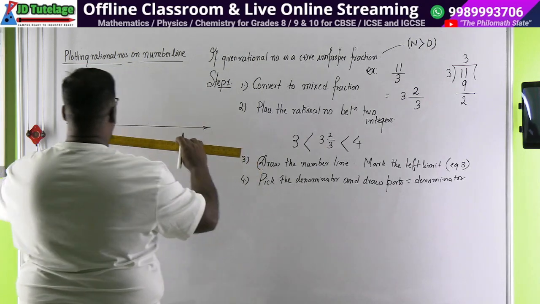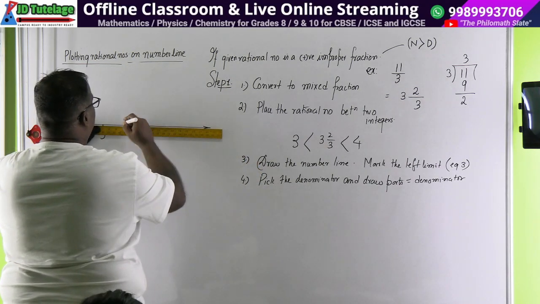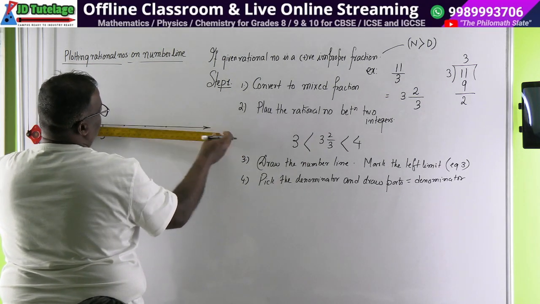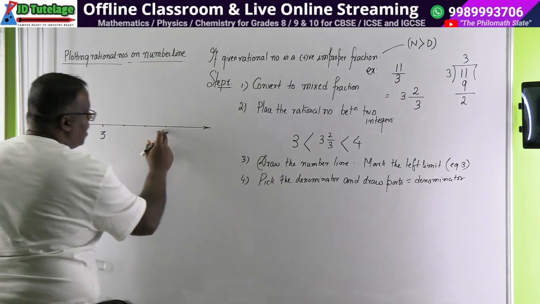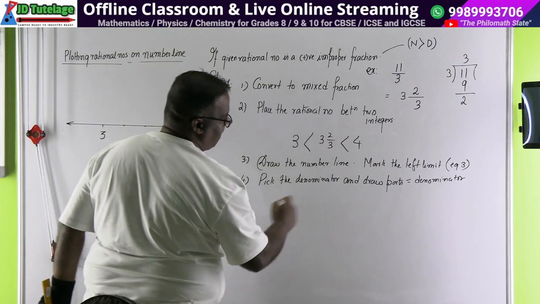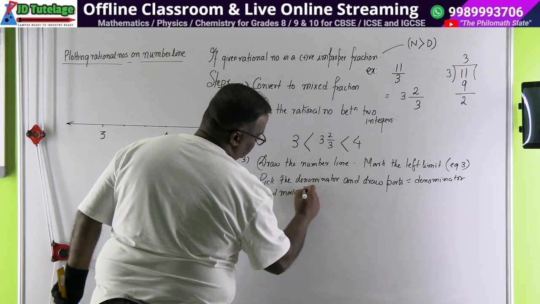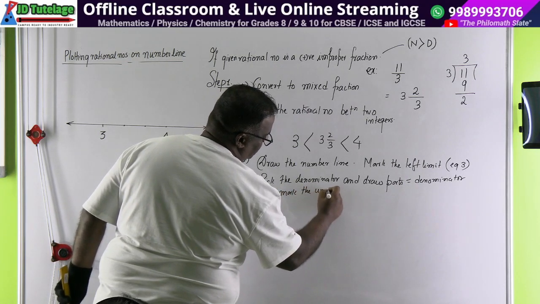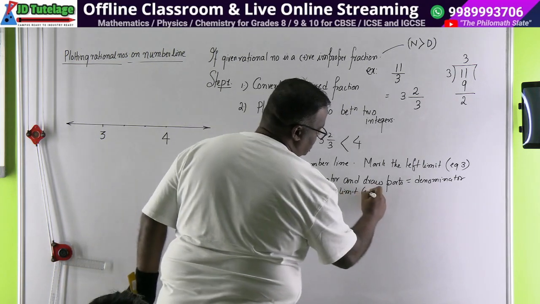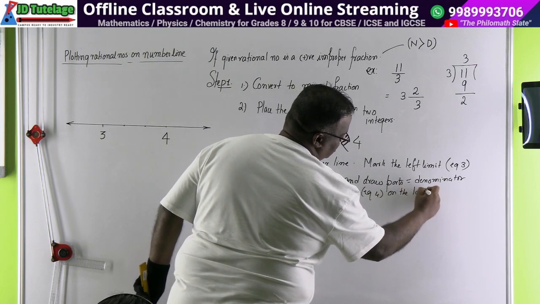3. Now I'll draw parts equal to the denominator. 3-3 इंच में लेता हूं। 1 2 3, 3 parts and mark this point as the upper limit 4, that is in the example 4 on the last mark.